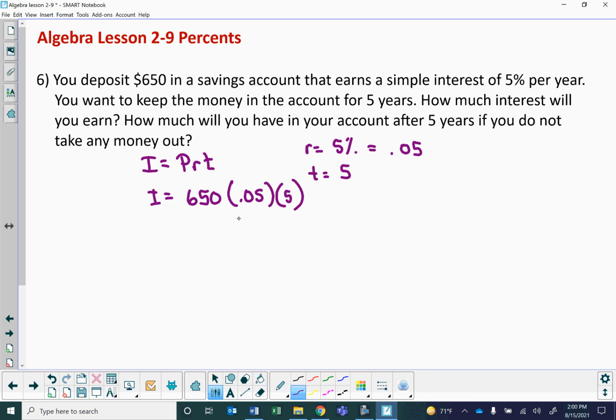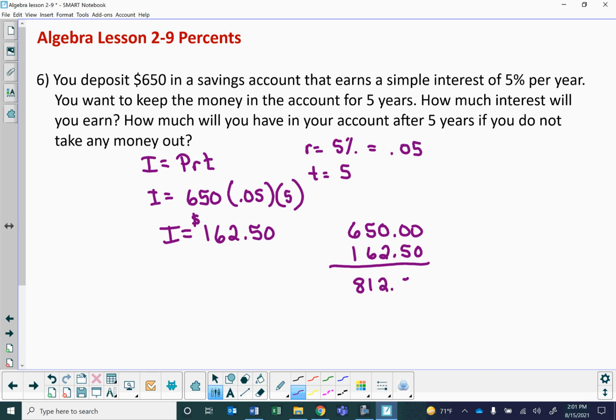So if I take my $650 and I just keep it in the bank, earning 5% interest for 5 years, I'm going to earn $162.50. So my interest will be $162.50. Okay, so if I don't take my money out at all, if I take my $650 that I started with and add my $162.50, I will end up with $812.50 after 5 years.